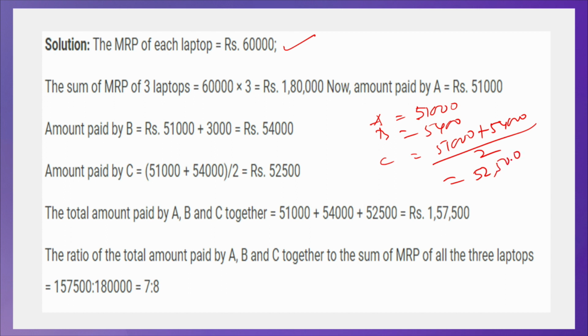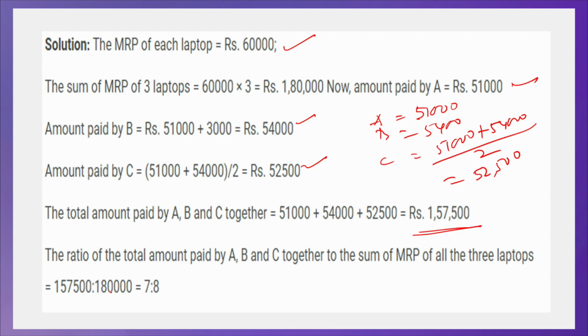So, what is the question given here? You have to find the ratio between the sum of the amounts paid by A, B, C and the total MRP of the 3 laptops. When you add 54,000, 52,500 and 51,000, it is 1,57,500, and the total MRP is 60, 60, 60, that is 1,80,000.